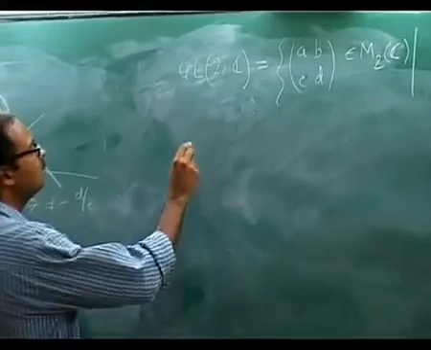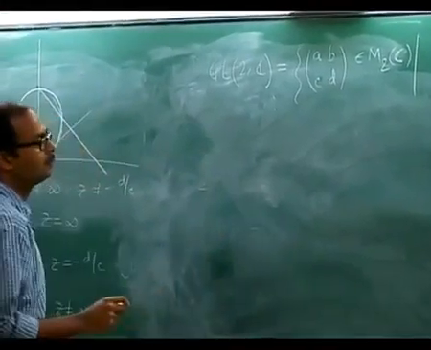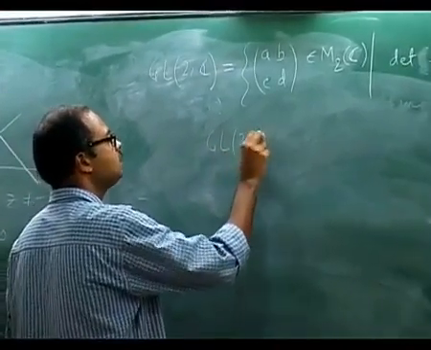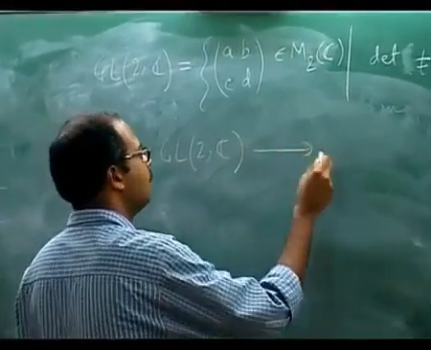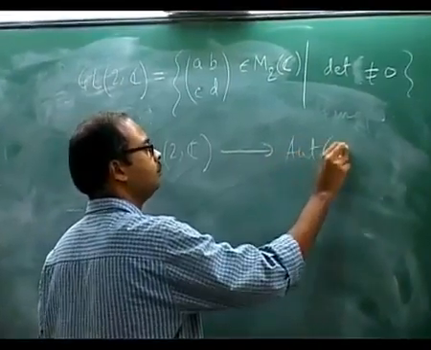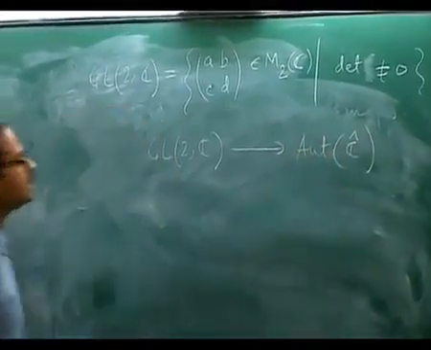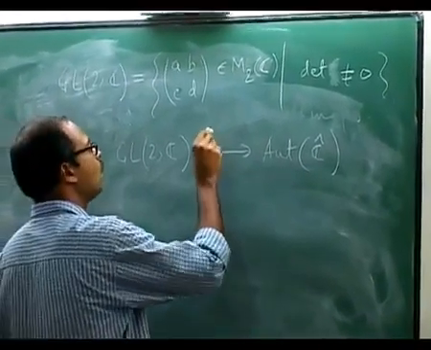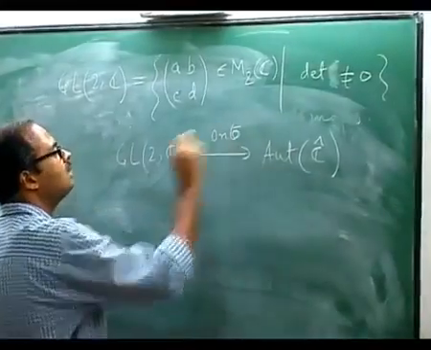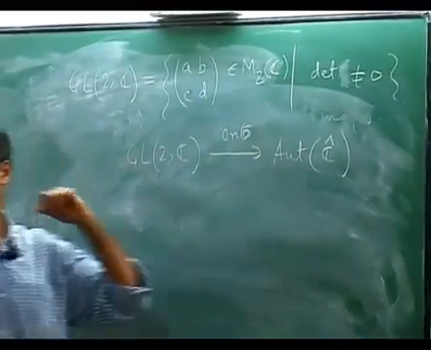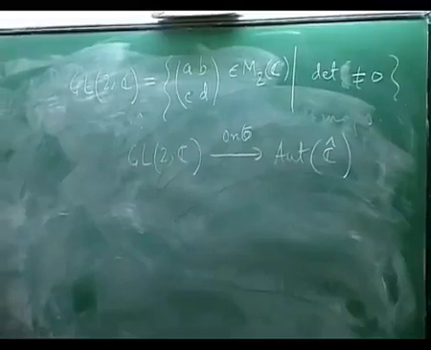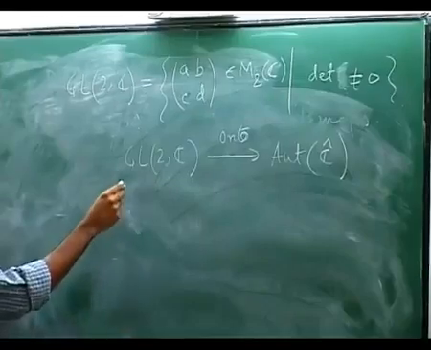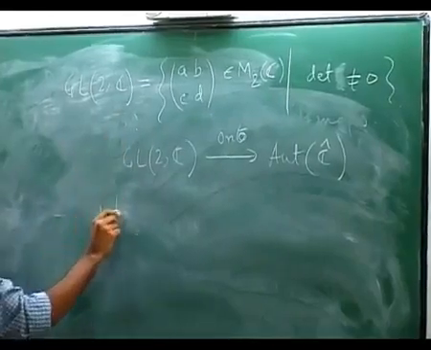So what we have done, we have seen that this GL2C maps to this, and this map is onto, and this covers the entire group here. Of course, obviously these maps are given by this.